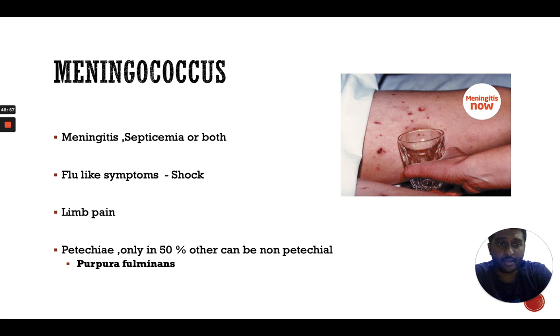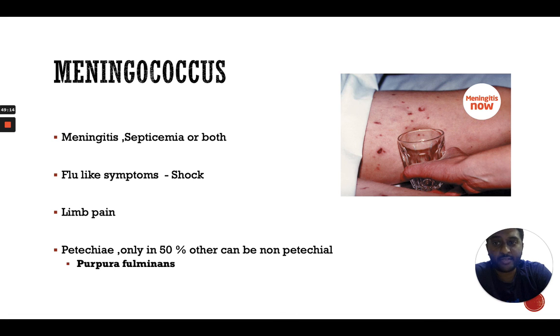Meningococcus is not very common, but it's a very fatal illness. Whenever you see a rash with fever, you should always make sure that the patient does not have meningococcus.